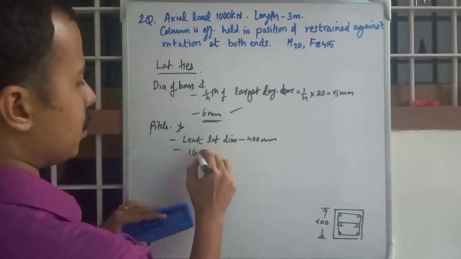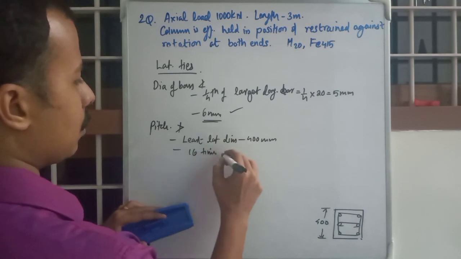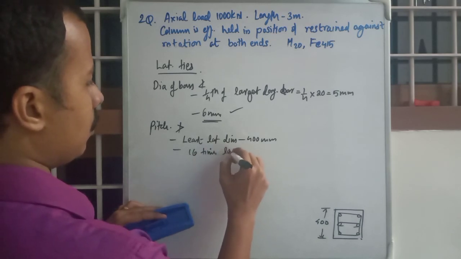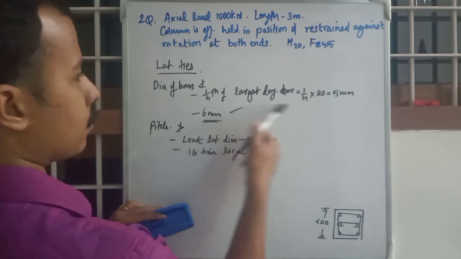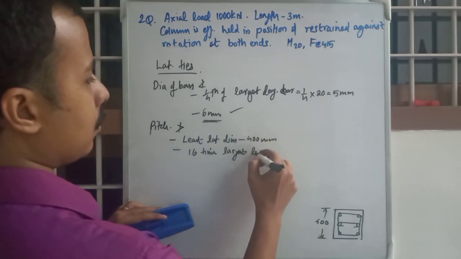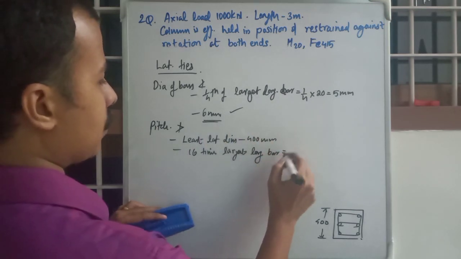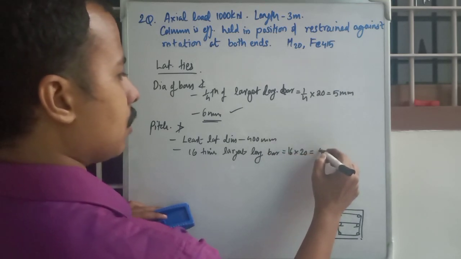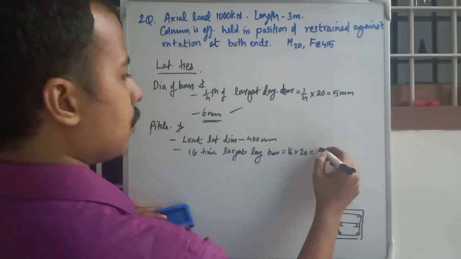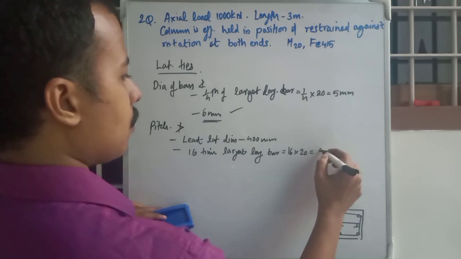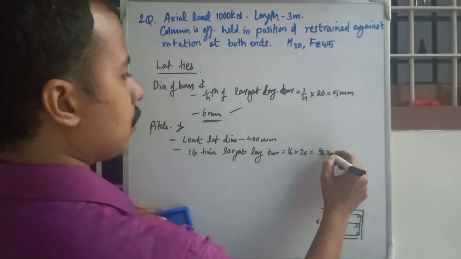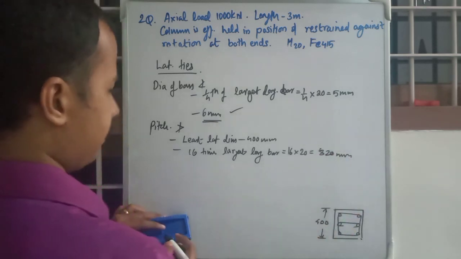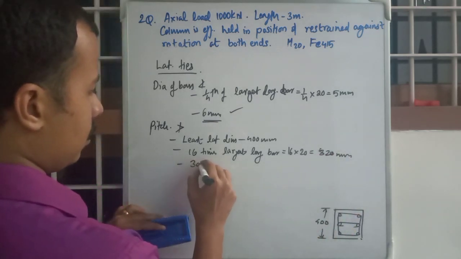Next one, 16 times the largest longitudinal bar, that is 16 into 20, that is 320 mm, or 300 mm.